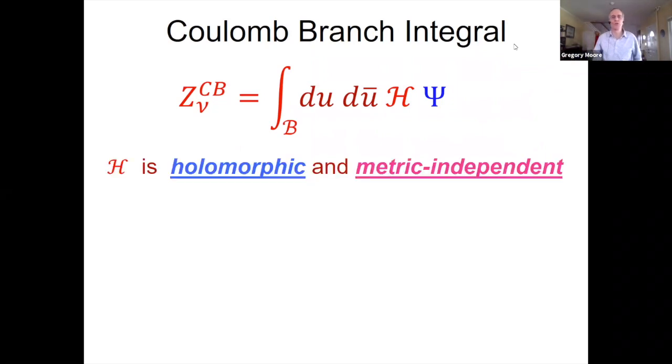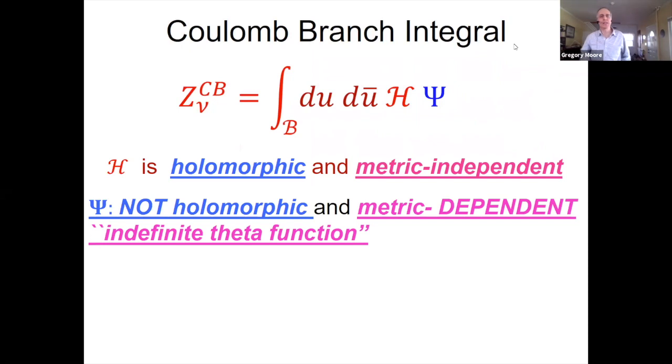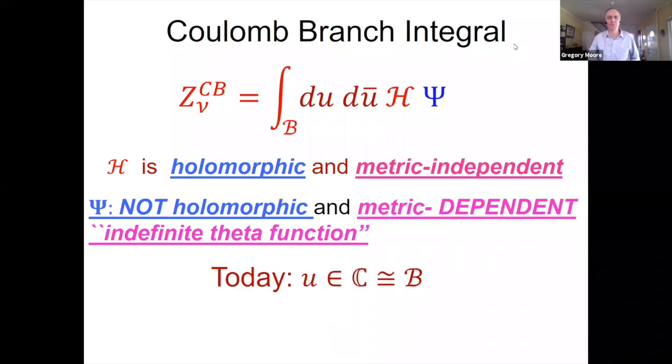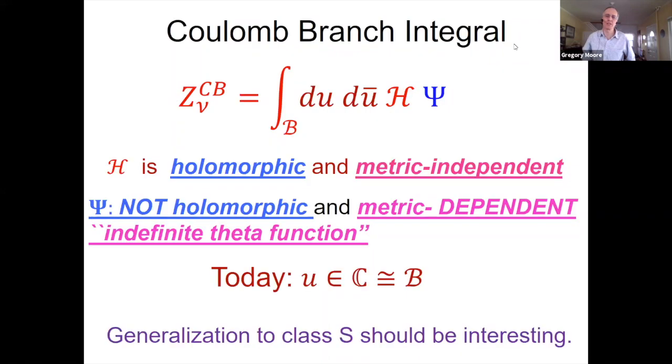So H is some holomorphic, metric independent function, which we know all about, but I'm not going to tell you about. And psi is a non-holomorphic, metric dependent theta function-like object, which I will tell you a little bit about. So today the Coulomb branch is just the complex numbers, but the generalization to class S is not known, but should be interesting.